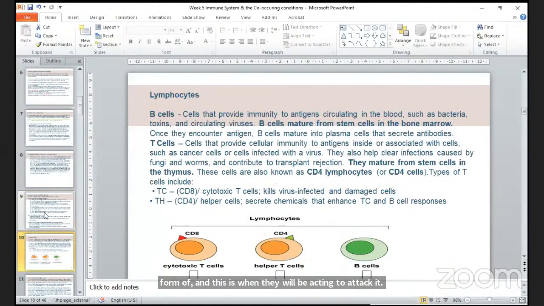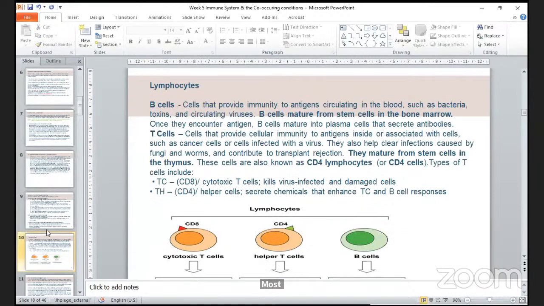So lymphocytes are the most important form of cellular component of the immunity that we are interested in as far as this course is concerned. Why? Because it is from the lymphocytes that part of them is targeted by the virus, and that is the CD4.